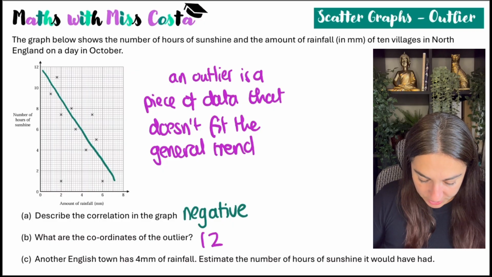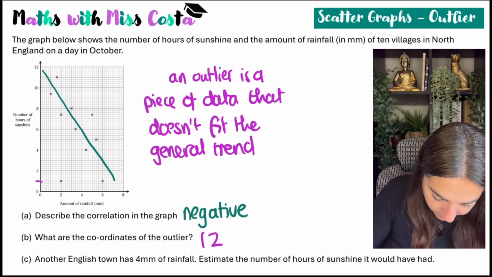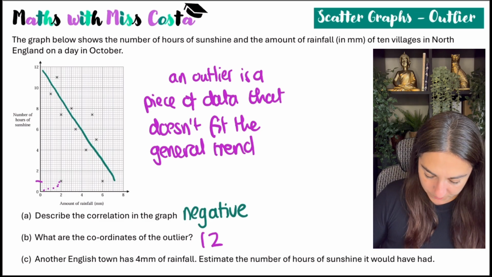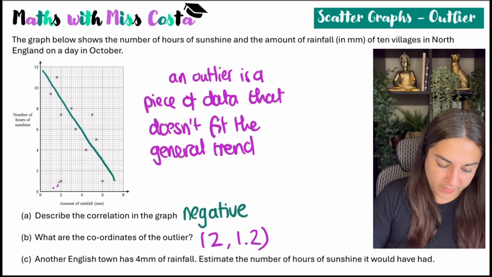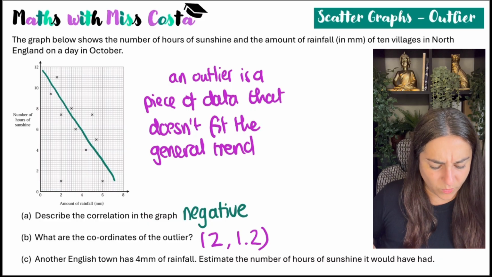So that's going to be 2. And then here it's really difficult because it's such a small graph, but that would be 1, 2, 3, 4, 5. So 1.2. It's not the best version, but you just read the x and then you read the y.